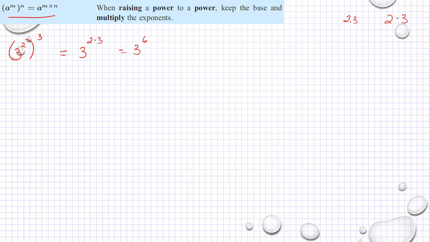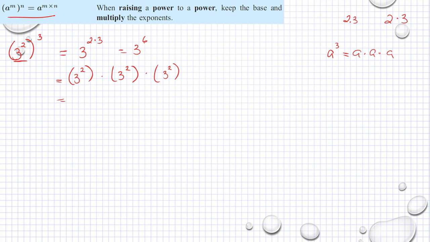Okay, why? If we're going to follow that a raised to 3 is the same as a times a times a, then we will say here 3 raised to 2, that is our first base, multiplied by 3 raised to 2, multiplied by 3 raised to 2.